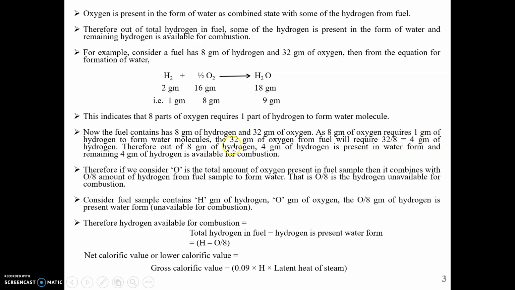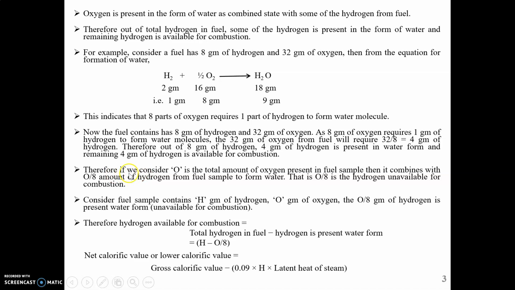Therefore, 32 gram of oxygen will require 32 divided by 8 is equal to 4 gram of hydrogen to form water molecule. Therefore, out of 8 gram of hydrogen from fuel sample, 4 gram of hydrogen is present in water form and the remaining 4 gram of hydrogen is available for combustion.